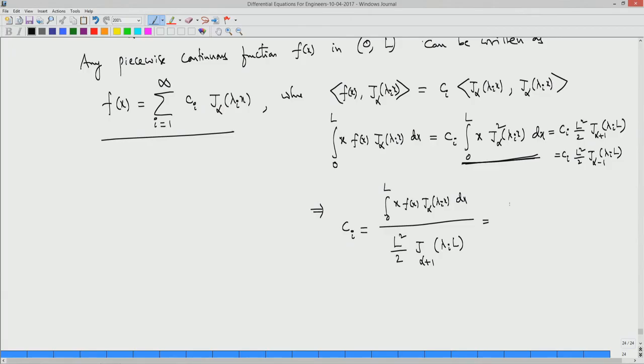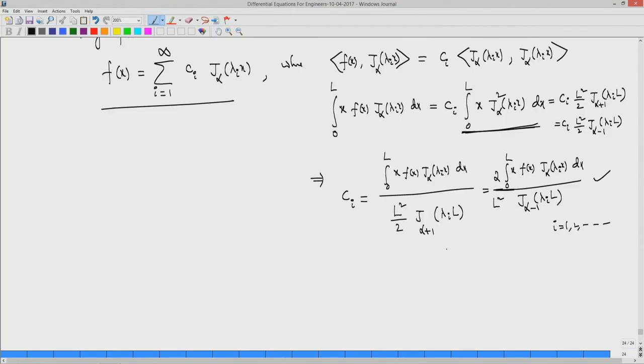Either this, or the integral from 0 to L of x f(x) J alpha of lambda i x dx, divided by 2 by L squared, divided by J alpha minus 1 of lambda i L. So these are your Fourier coefficients, with i from 1 onwards.